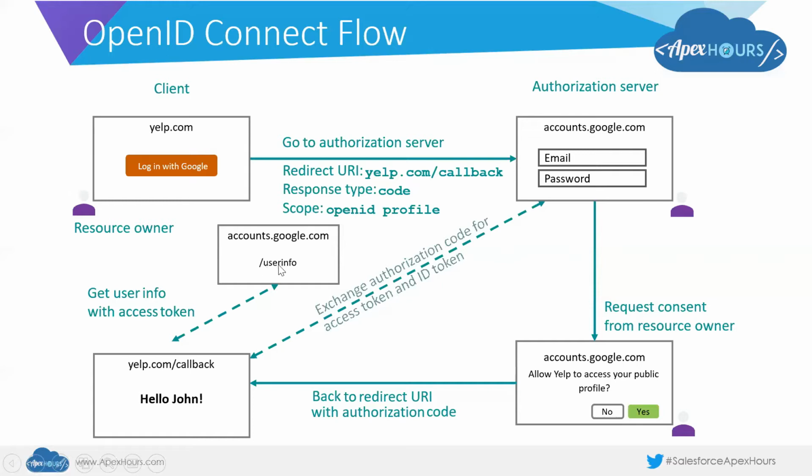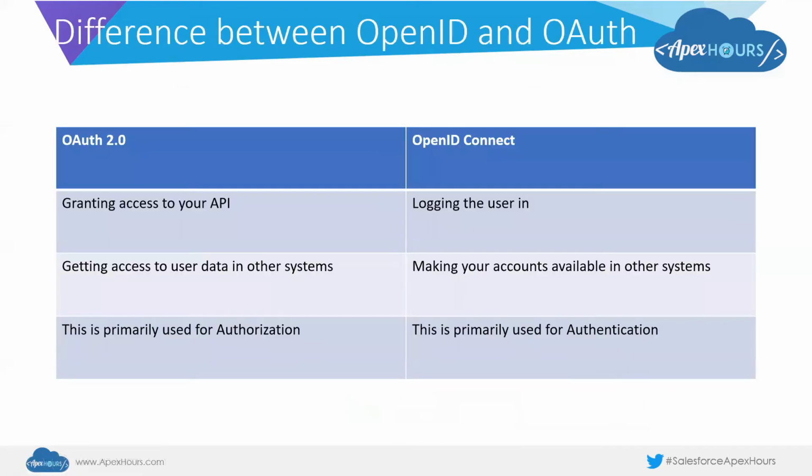Otherwise, we don't generally have access to this API. We can call this user info API to get further user details like the profile information of the user, the email, the first name, last name. If we want any additional details, we can make an explicit callout to this endpoint. Let's move into the next slide.